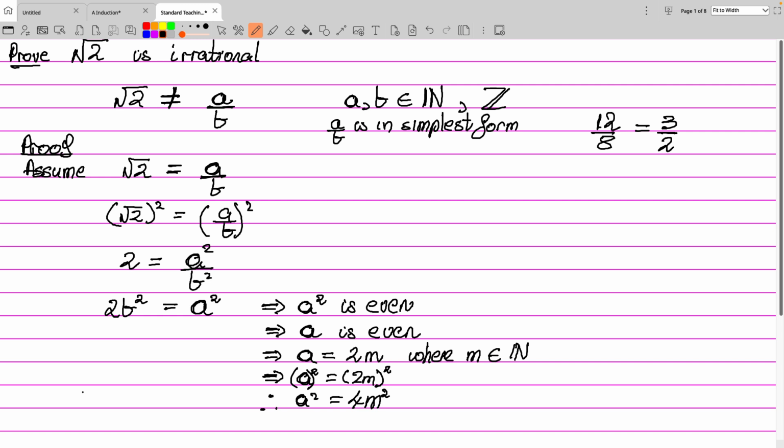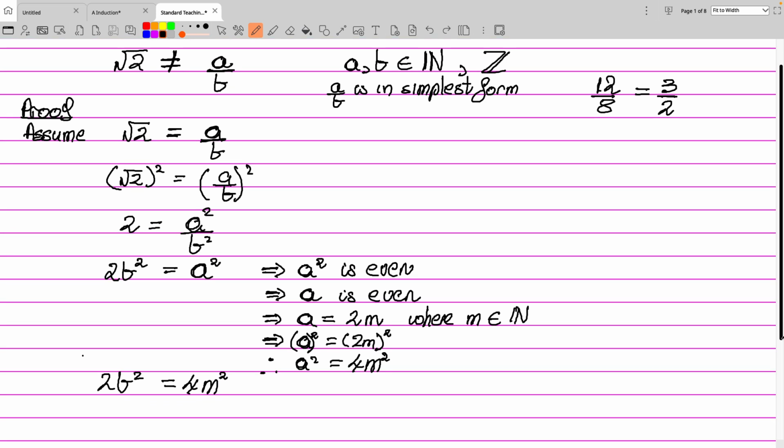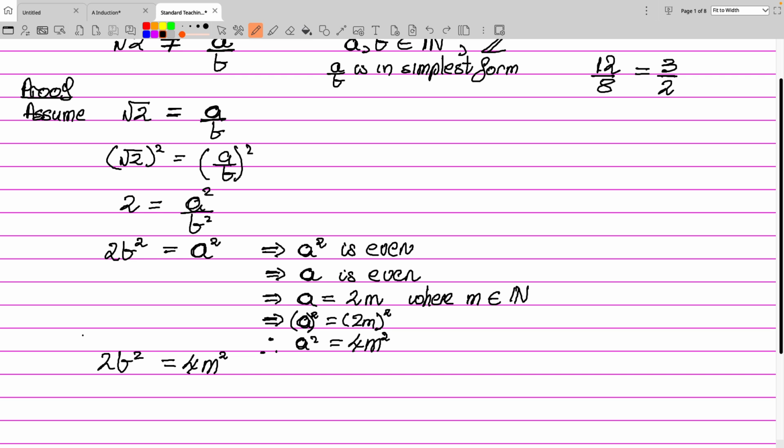What I'm going to do now is go back in and substitute for the a squared. But a squared, based on my logical argument, is equal to 4m squared by logic. Have I made any mistake anywhere? Except for my first assumption, my line 1 assumption, have I made any mathematical errors?